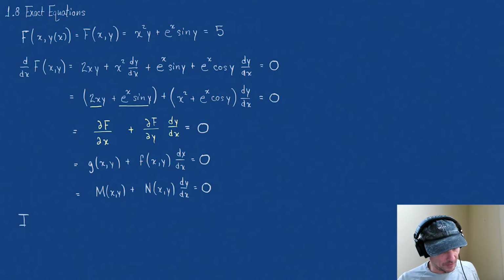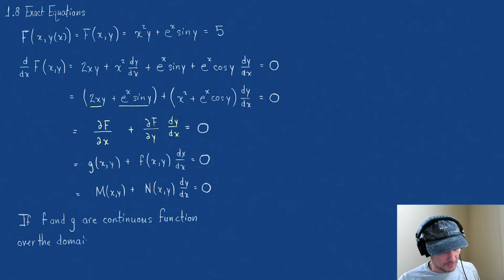Okay. Now there's one interesting piece. If f and g are continuous functions over the domain, then notice that lowercase f came from taking the derivative with respect to y.